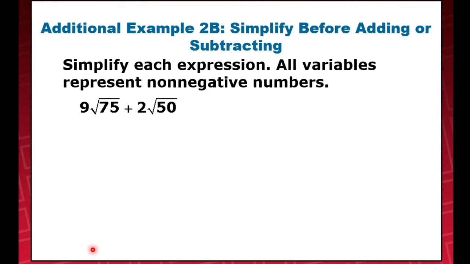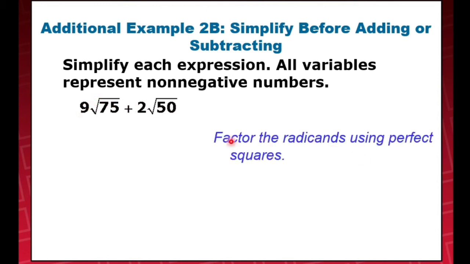Okay, so let's have another example. This is going to be our last example in addition and subtraction of radical expression. So we have here 9 square root of 75 plus 2 square root of 50. So what will we do first? First, we need to factor the radicands using the perfect squares.